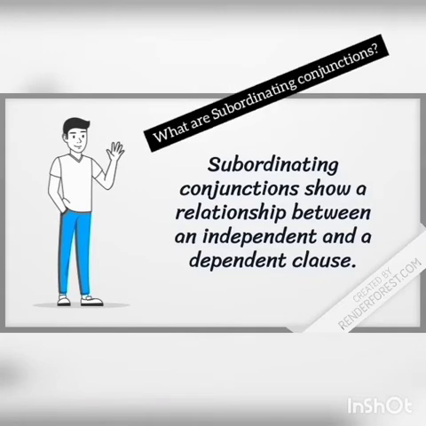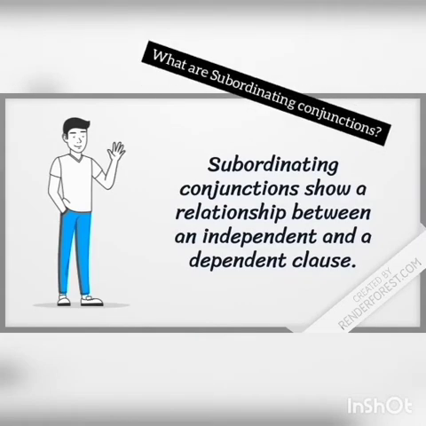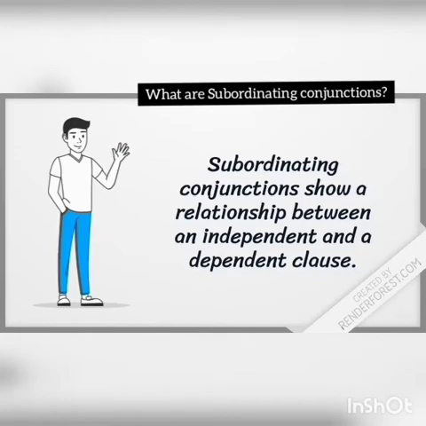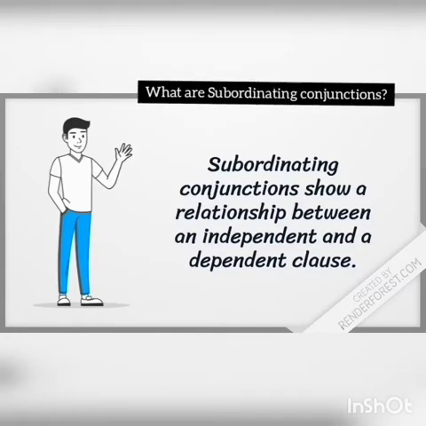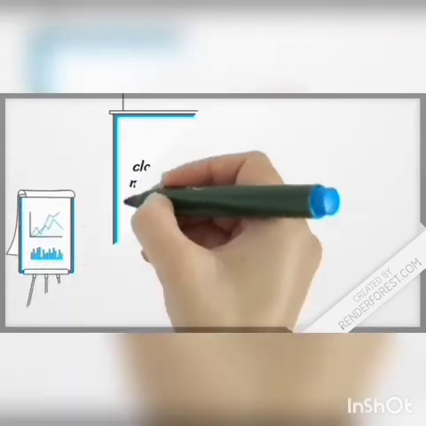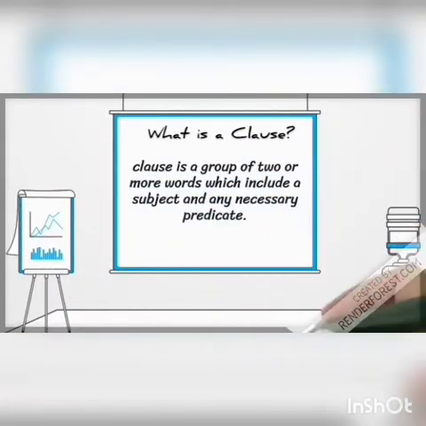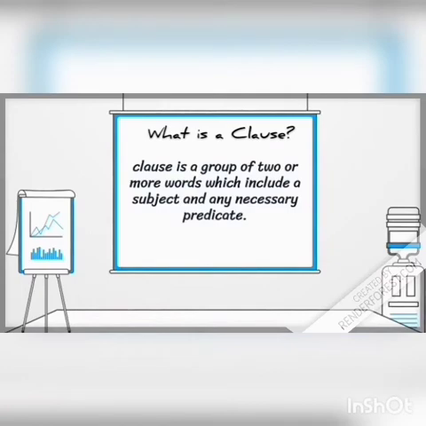Subordinate conjunctions show a relationship between an independent and a dependent clause. If we talk about a clause, a clause also means a sentence. A clause is a group of two or more words which include a subject and any necessary predicate.